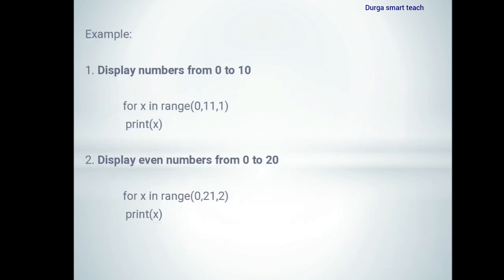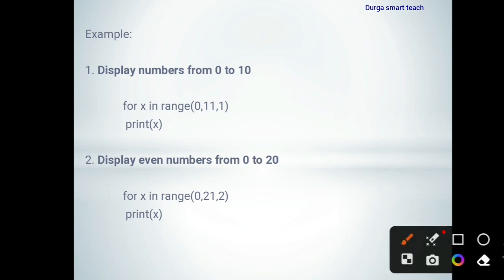Here I want to display the numbers from 0 to 10. So start is 0, and 0 to 10 means you need to take the stop as 11. It will print 0 to 10. Then what is the step? Step is nothing but the increment value.